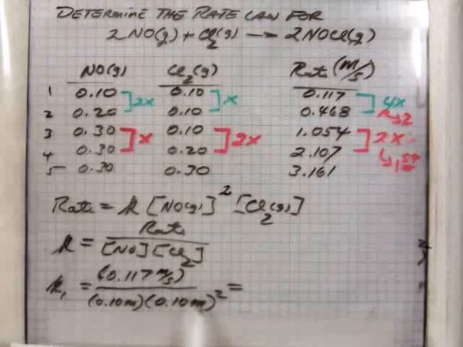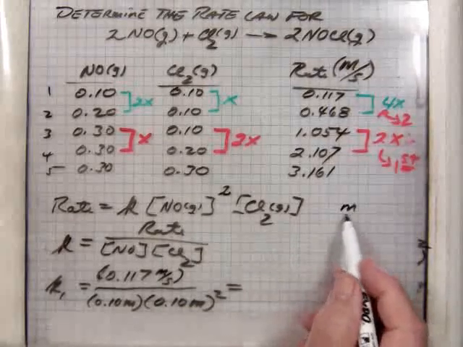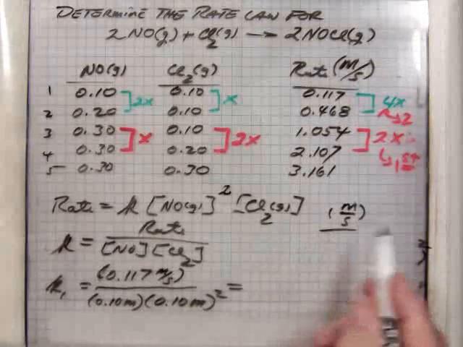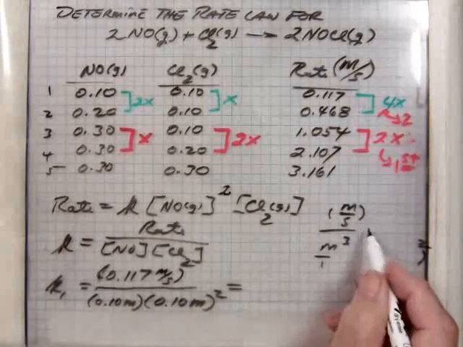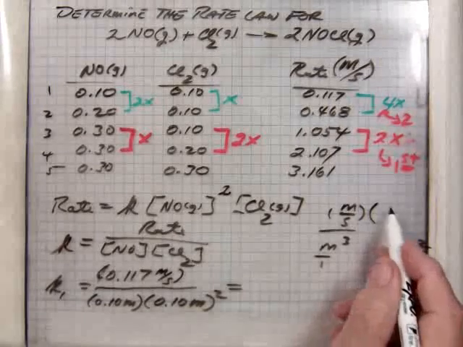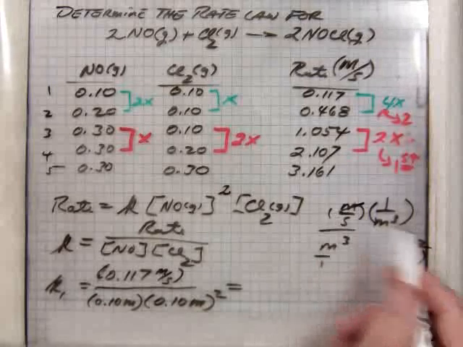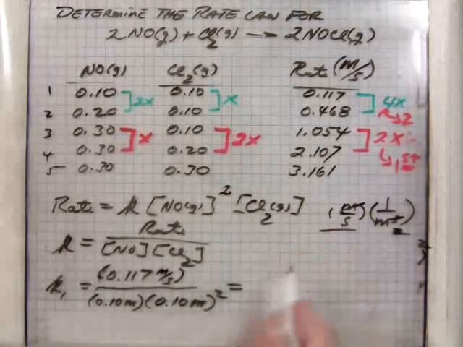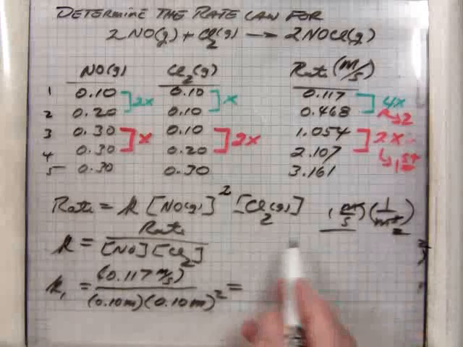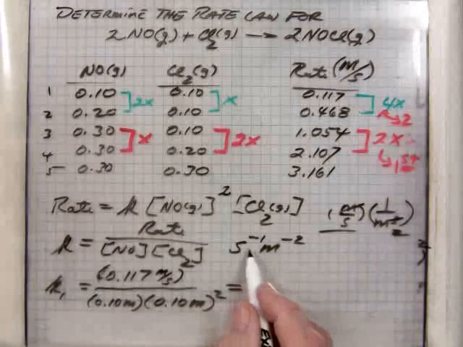Now you need to reduce your units, so we'll just come over here on the sidebar: molar over seconds over molar cubed, so that's molar over seconds times 1 over molar cubed, so that will cancel and that'll turn into a 2. So the units when this thing finishes will be seconds to the -1, molar to the -2.